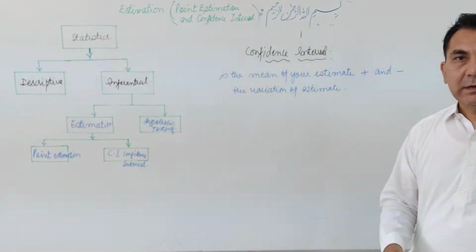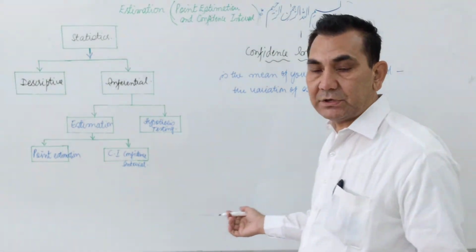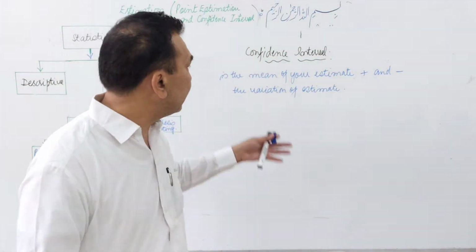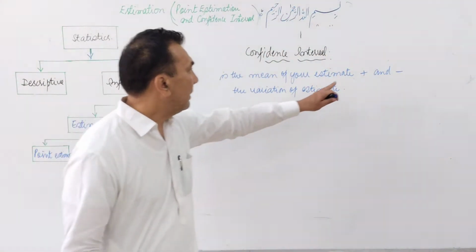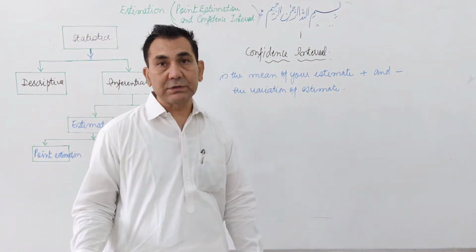The confidence interval is the mean of your estimation plus minus the variation of your estimate.